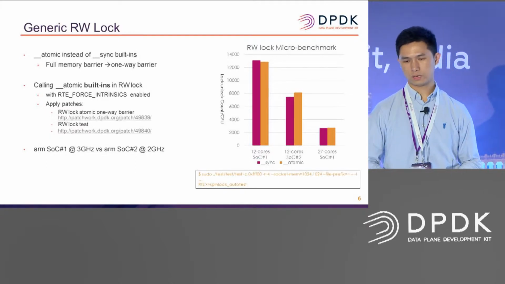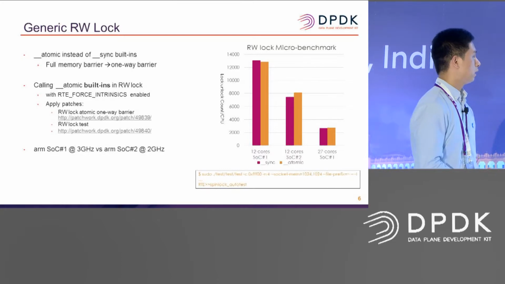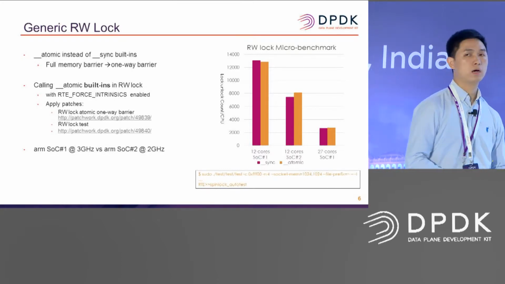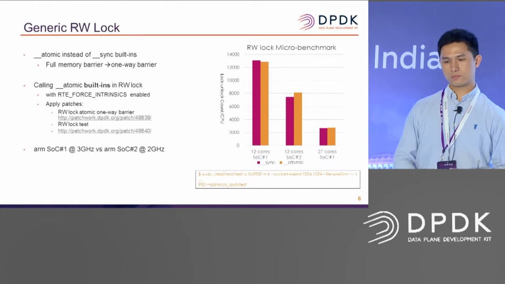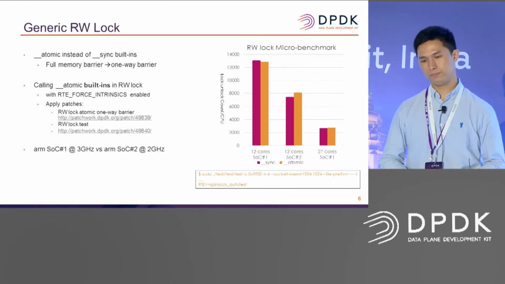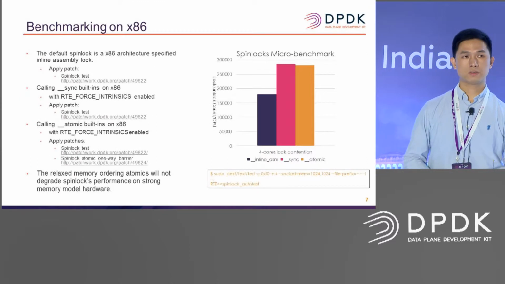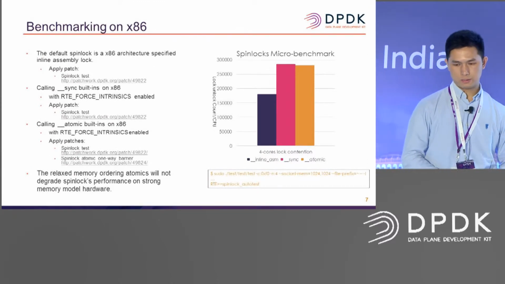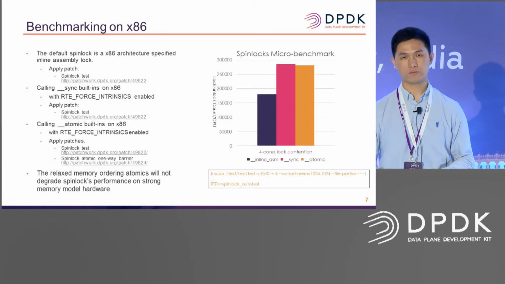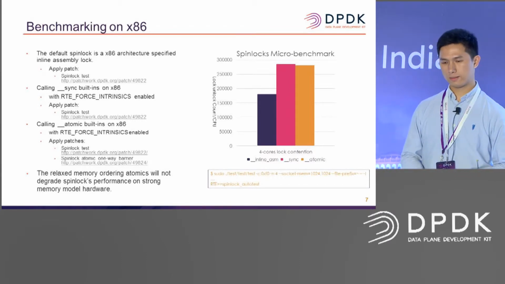The atomic built-ins are memory model aware atomic operations, which allow you to specify a less restrictive memory barrier. For example, you can change from a full memory barrier to a one-way barrier. The graph shows two kinds of one-way barrier: load acquire and store release.